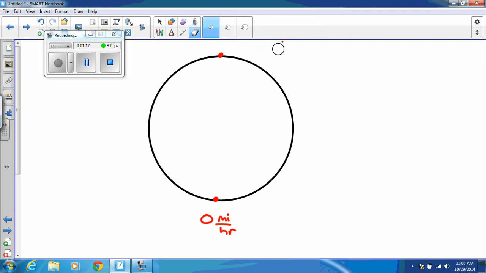Probably a better way to do this. Should be 66 miles per hour-ish. In a time of, how fast should we go from 0 to 60? Maybe in 10 seconds?